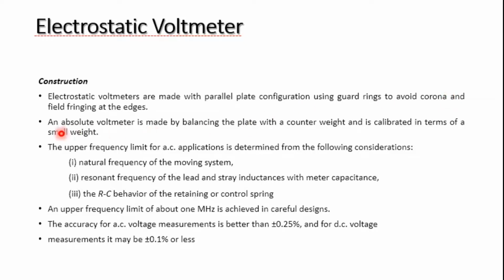An absolute voltmeter is made by balancing the plate with the counterweights and is calibrated in terms of small weight. Because we have to measure the force exerted between the two elements because of the distance, we should have some counterbalancing, because the distance between the two electrodes varies.